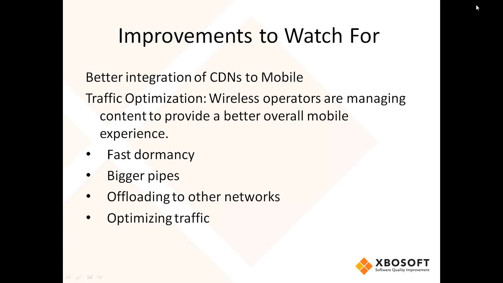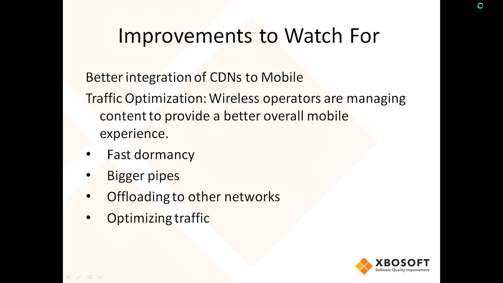They're also doing things like traffic optimization. Now, you have no control over these things, but your service providers are doing quite a bit to improve the mobile experience. Bigger pipes, offloading to other networks, faster latency, optimizing traffic, and so forth. All those things are being done behind the scenes to make the mobile experience much, much better.